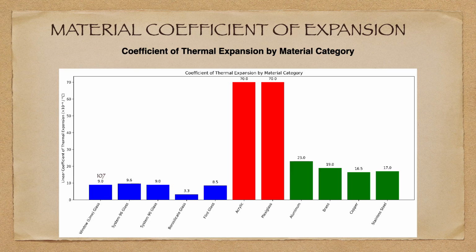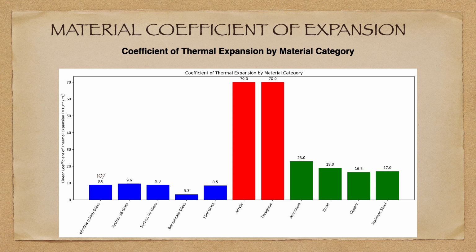The red bars represent the acrylic materials that are used, standard acrylic and plexiglass. You can see that their coefficients of expansion are substantially higher than any of the other materials. So therefore, you would not directly try to mix one to the others, glass to acrylic, etc., because the glue joints would likely fail over time.